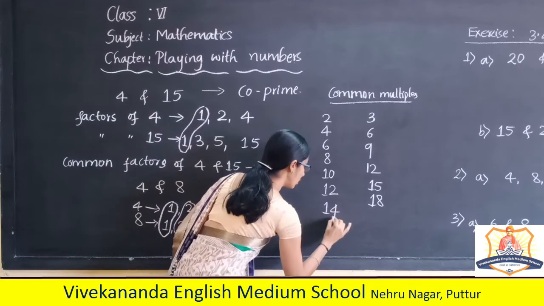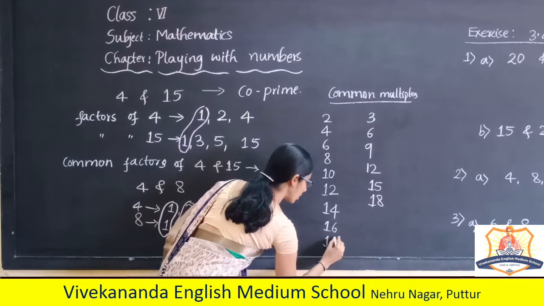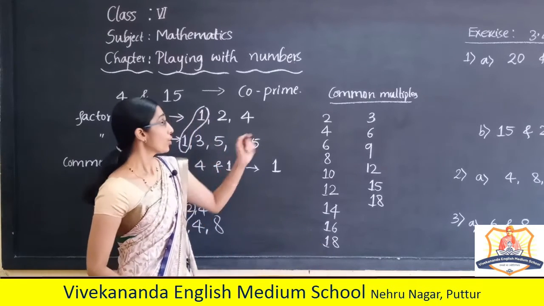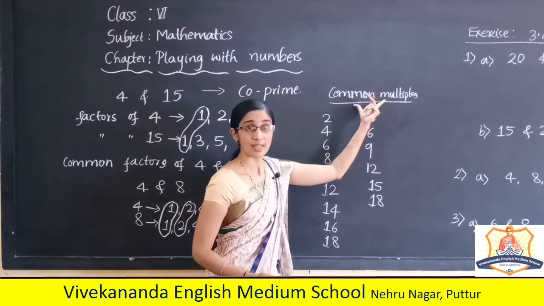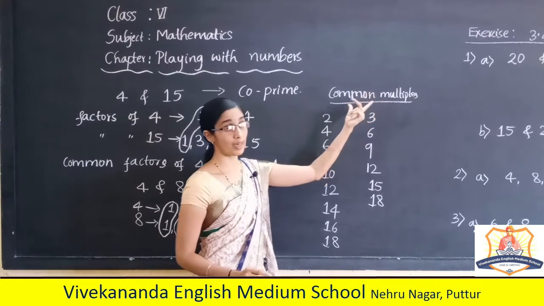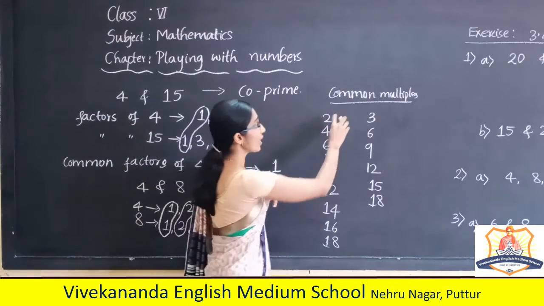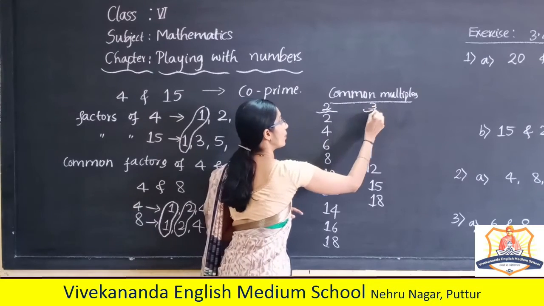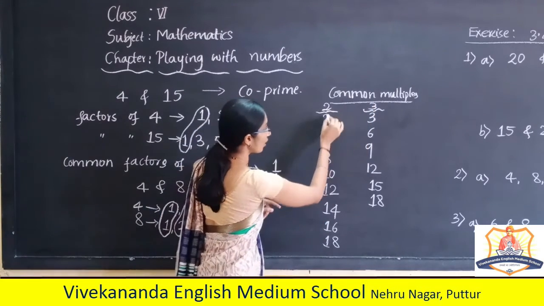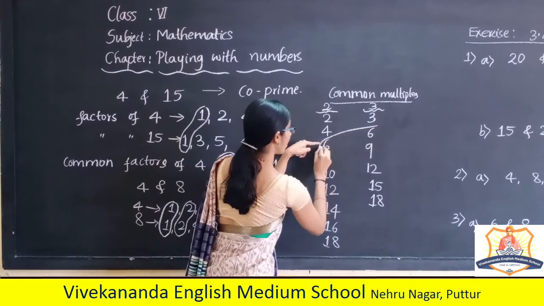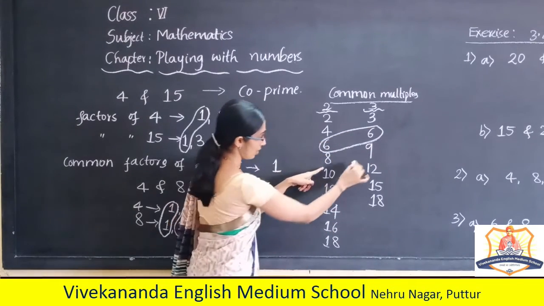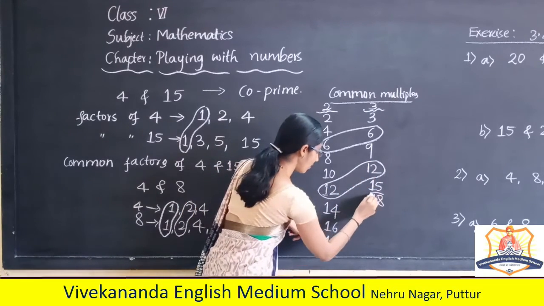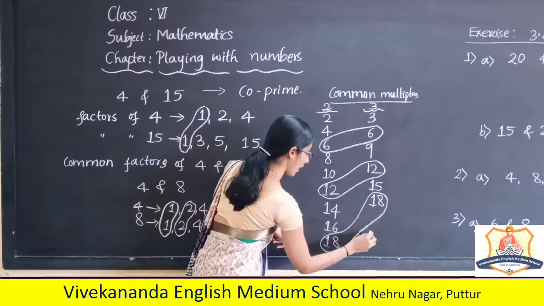Let me continue. 2 9s are 18. Okay. So, what do you mean by common multiples? If a pair of numbers is given, then which are the common multiples of number 2 and number 3? If I ask, the common multiples are 6, 12, 18 and still more.